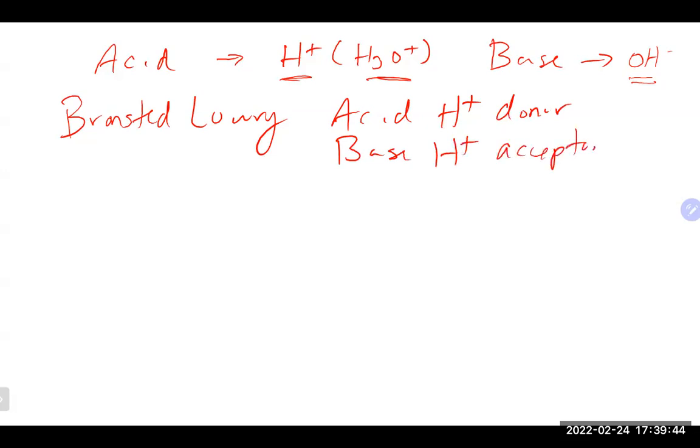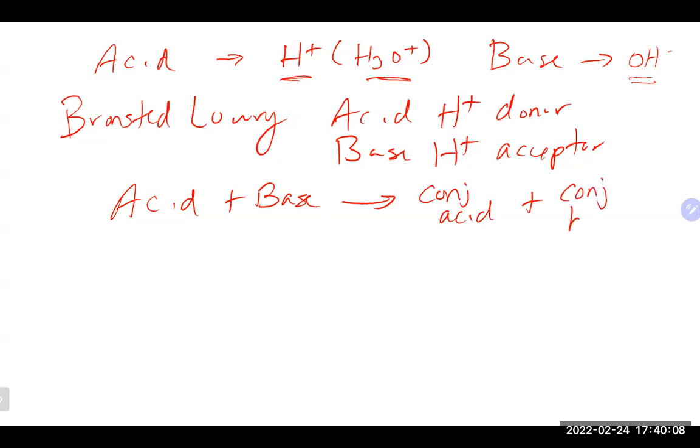And the result of this, as we talked about, is acid conjugate base pairs and base conjugate acid pairs, where you have a general form of an acid plus a base on the left-hand side of the arrow, and your conjugate partners on the other side, the conjugate acid and the conjugate base.